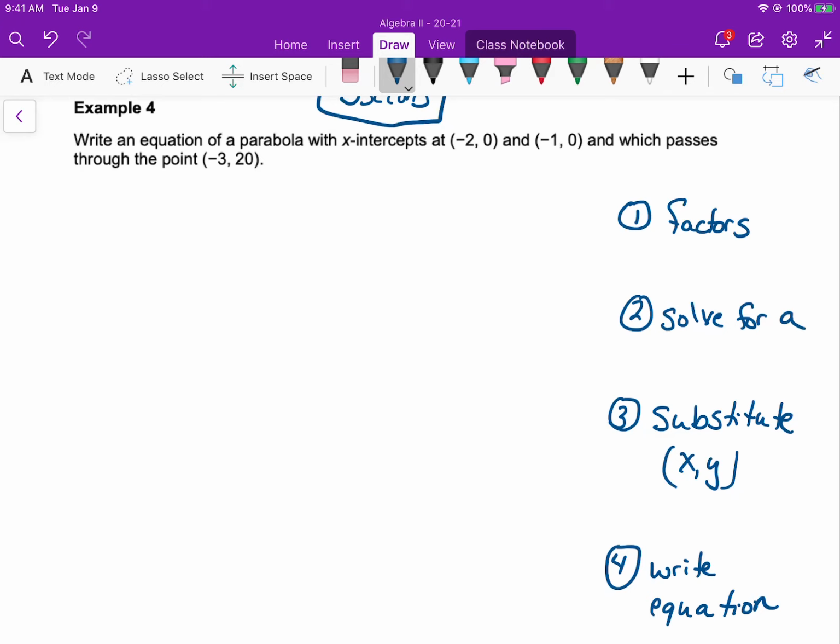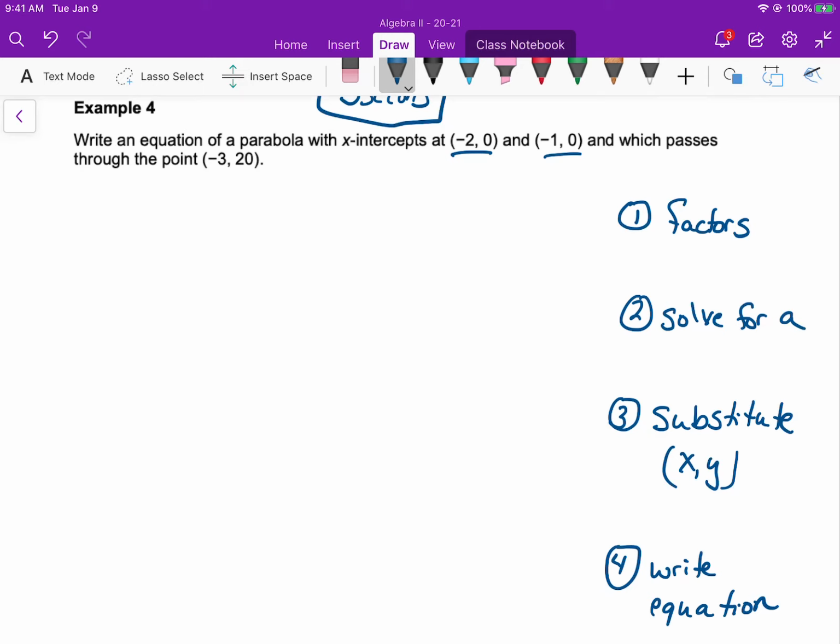The last example we are going to complete together today is if we're given two x-intercepts and another point a parabola passes through and we need to write an equation. So what we're going to do is first look at the x-intercepts, and that's our first step. We are going to write the factors.